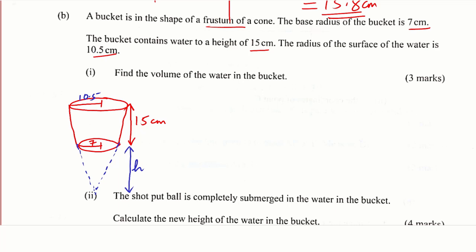But before that, we need to get this height, and to get this height we shall use similarity. So the height of the bigger cone, which is h plus 15, divided by the height of the smaller cone, which is h, is equals to radius of the bigger cone, which is 10.5, over radius of the smaller cone, which is 7.